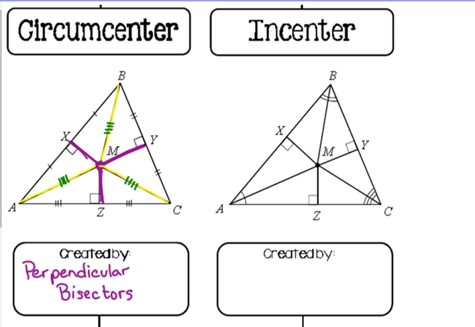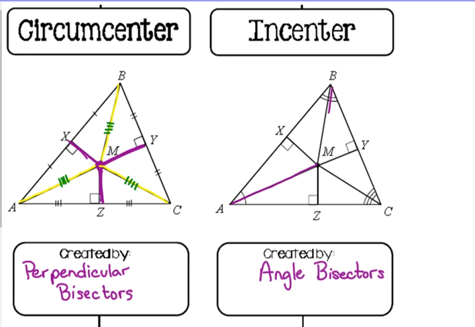See this different notation right here? This is indicating that A has been cut in half, B has been cut in half, C has been cut in half. Those are called angle bisectors.